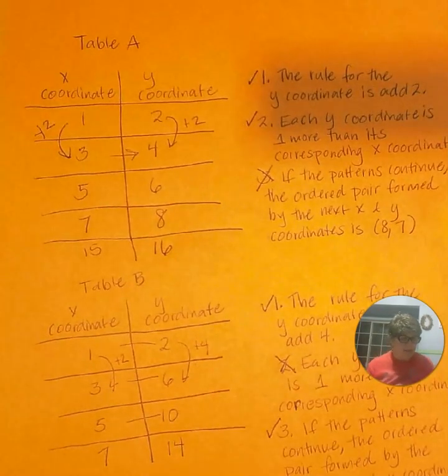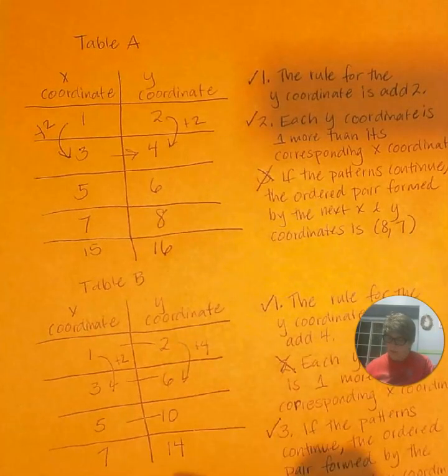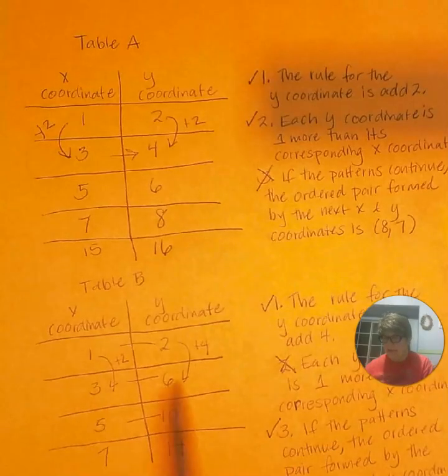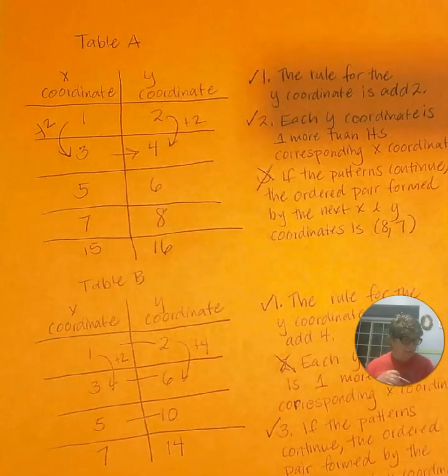The rules are not the same. How do you know the ordered pair formed by the next x and y is 7, 14? I think we've covered that one, right? Because we added 2 and we added 4. We followed our pattern of our x and our y. We didn't follow our pattern between them. We just followed our pattern going down x and y.